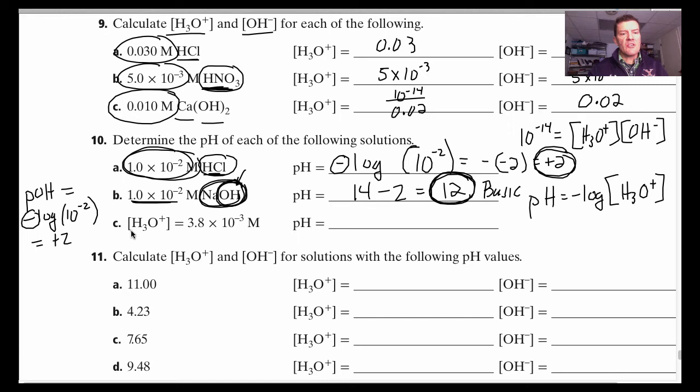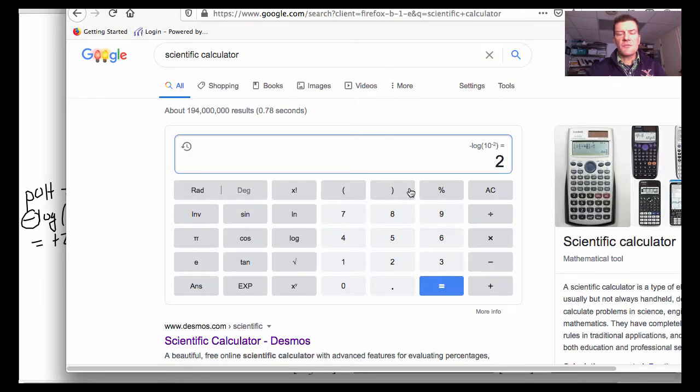All right, here again, you're given straight away the concentration of hydronium ions is 3.8 times 10 to the negative 3. So you want to find the pH, the negative log of what? 3.8 times 10 to the negative 3. So on your calculator, let's see if we can do this.